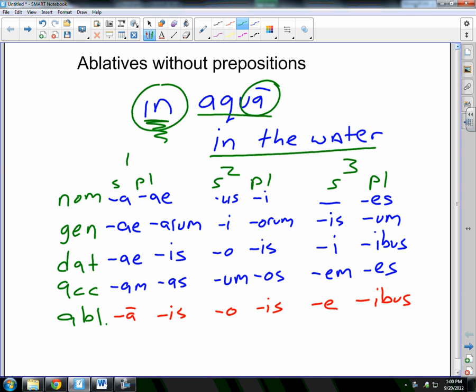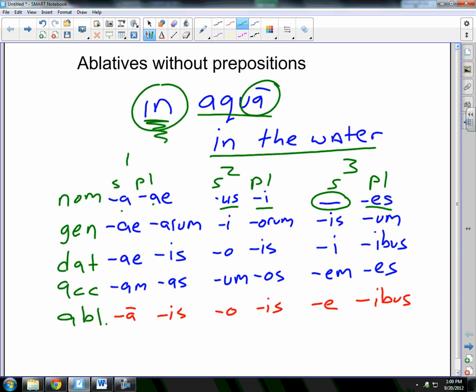But first, let's look at this chart of endings that we have in Latin for each of the cases and each of the declensions so that we can move forward. The nominative singular for the first declension is A. Plural is AE. For the second declension, our nominative singular is US. The plural is I. Our third declension nominative does not have an established ending.